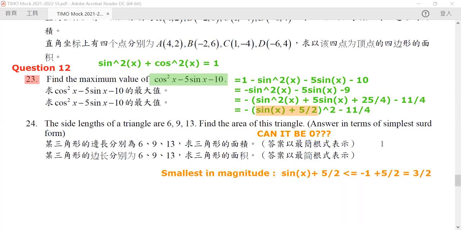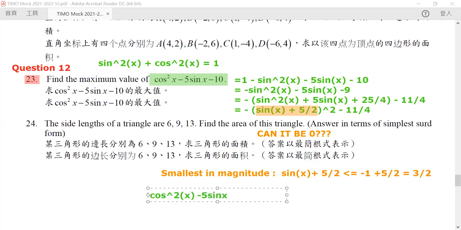Other than that, when you have another value of sine other than -1, it will be bigger in magnitude. So after squaring, it will be a bigger number.